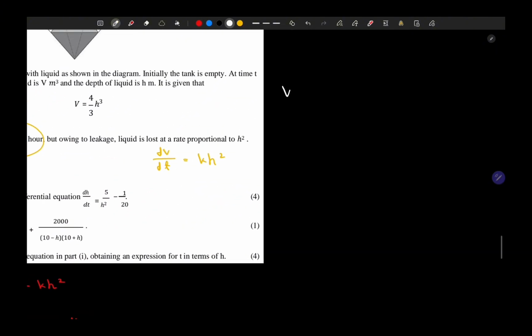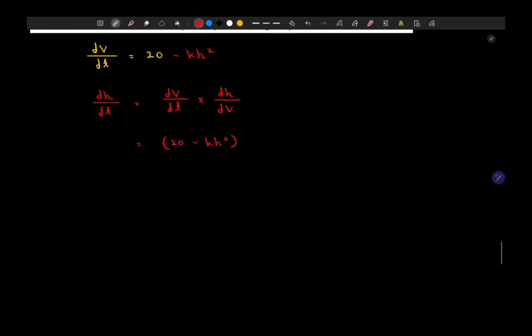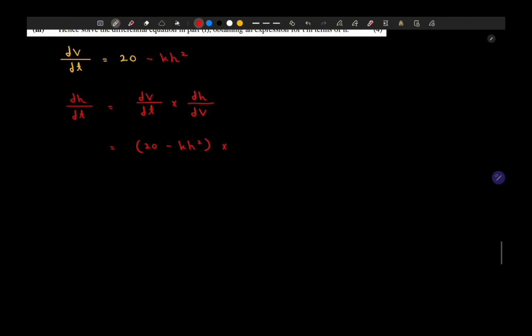We know that V is equal to 4 over 3 pi H cubed, so dV over dH is equal to 4 pi H squared. Now if we substitute the values into this equation, the value of dV over dt is 20 minus k H squared, and dH over dV is the inverse of this value, so it's 1 over 4 pi H squared.